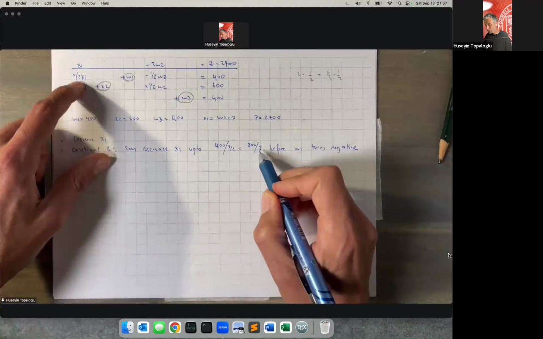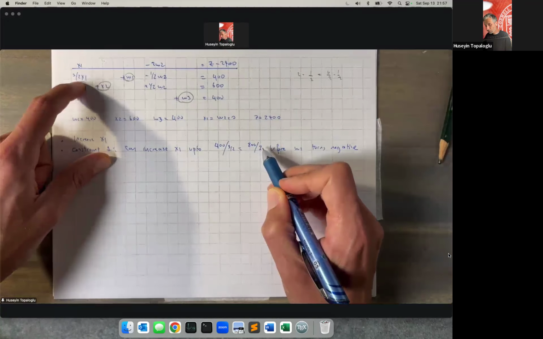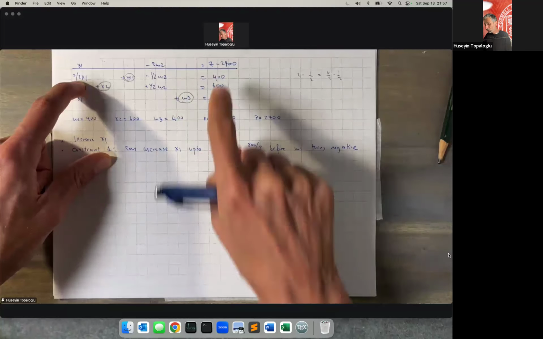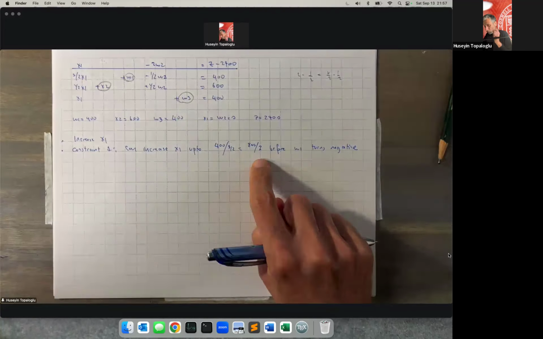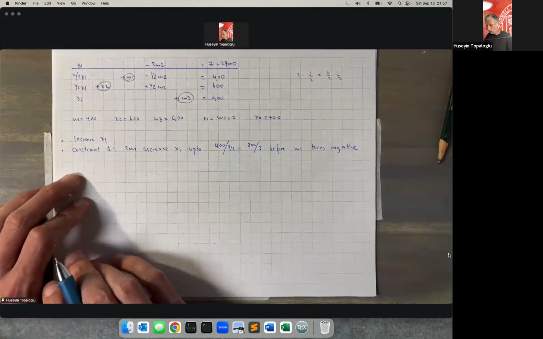If x1 is increased up to 800 divided by 3, this is 800 divided by 3 times 3 over 2, which is 400. W1 is going to snap to 0, so that they add up to 400. But if you increase x1 a little bit more than that, W1 has to turn negative. Okay, so from the first constraint, we can increase x1 all the way up to 800 divided by 3 before W1 turns negative.